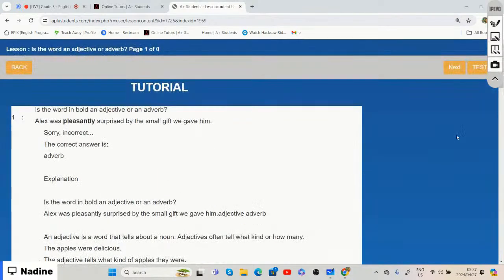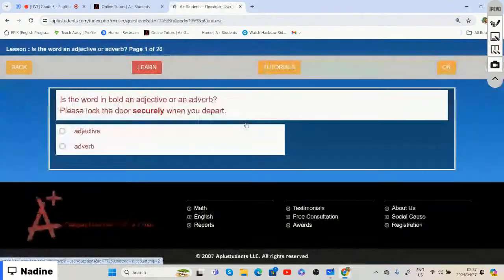All right, now let's go to our test. We are going to say, is the word in bold an adjective or an adverb? Please lock the door securely when you depart.